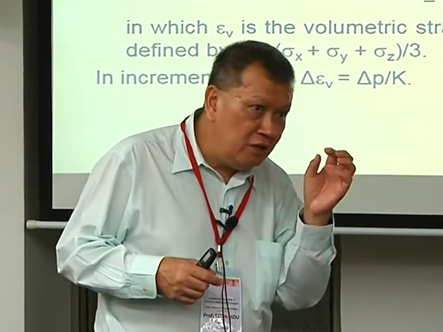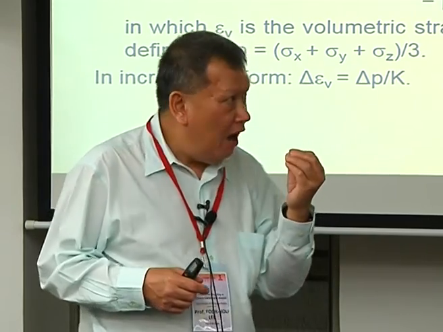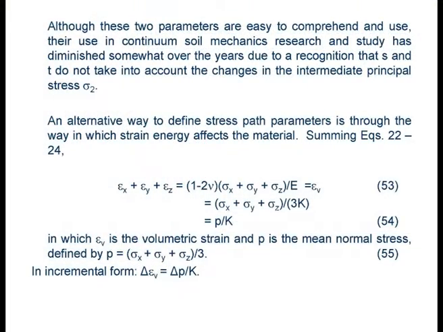So there is a directional characteristic to the normal stress. On the other hand, P is only related to the volumetric strain. And the nice thing about the volumetric strain is that it has no directional quality. It's just change in volume divided by volume. So therefore there's only one P. When you talk about mean effective stress or mean normal stress, you don't have to say in which direction.